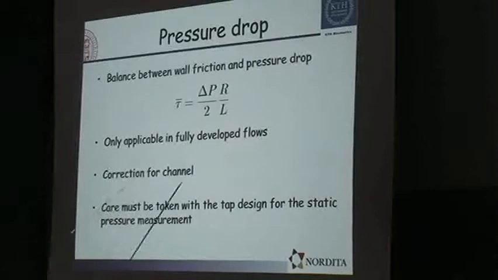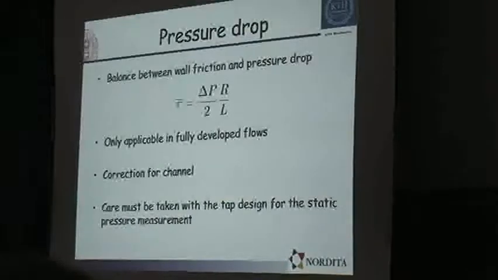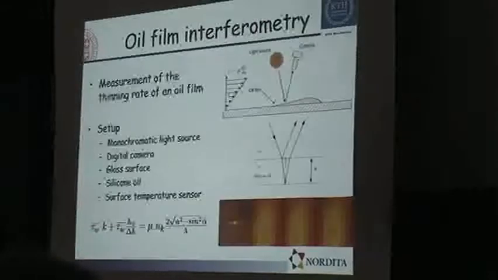You just make the balance between the friction and the pressure drop, and you can directly measure the skin friction. This is only applicable for internal flow, so it's not an answer for wind tunnels, for example. In channel flows, you have to be careful when you apply it, and you have to be careful about how you perform your pressure measurements.